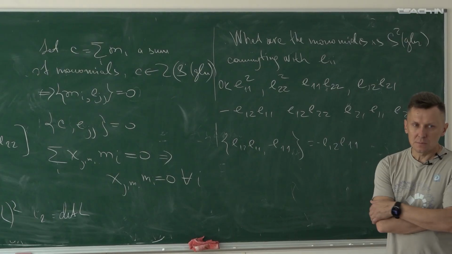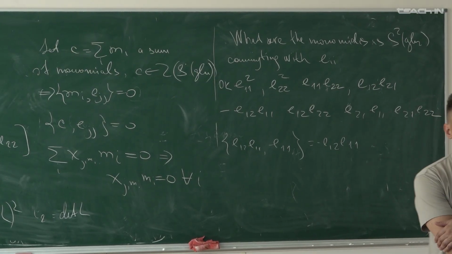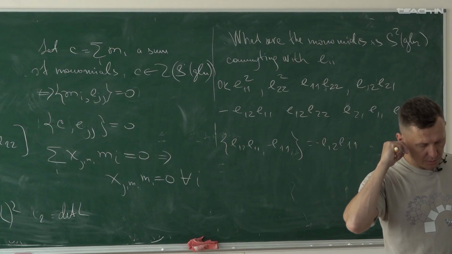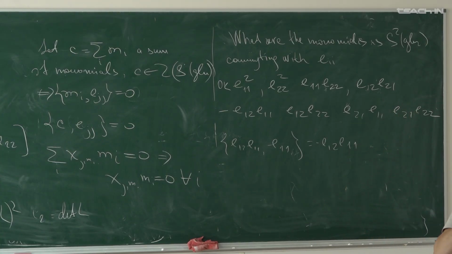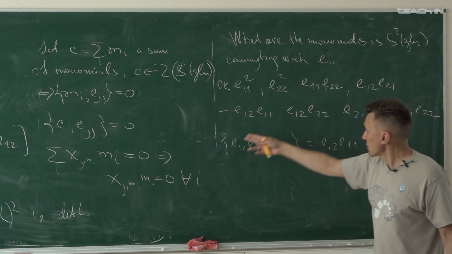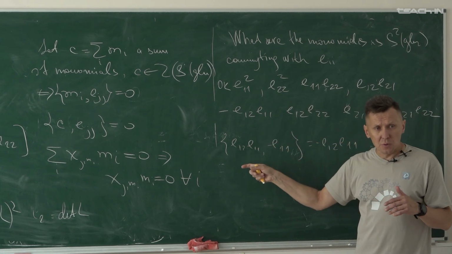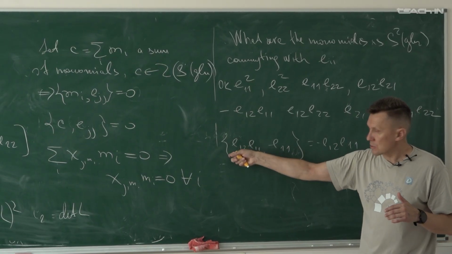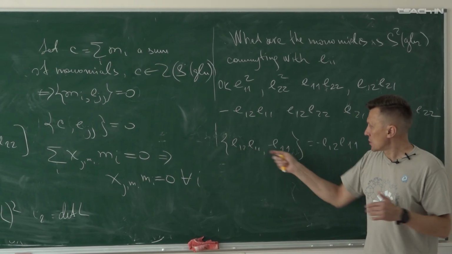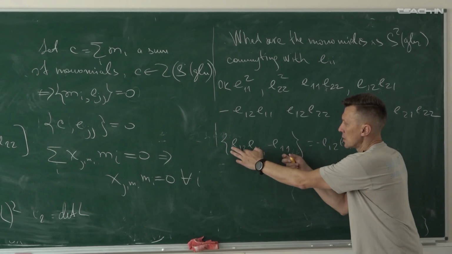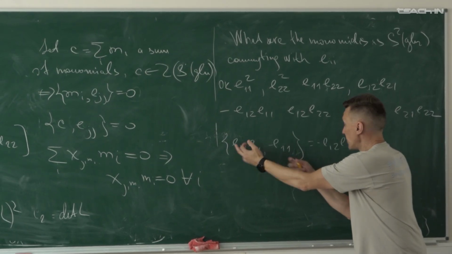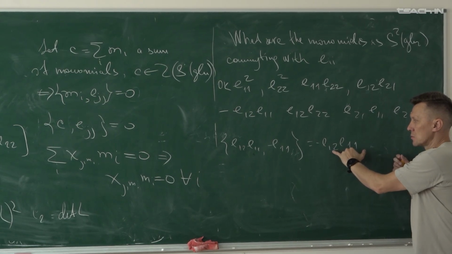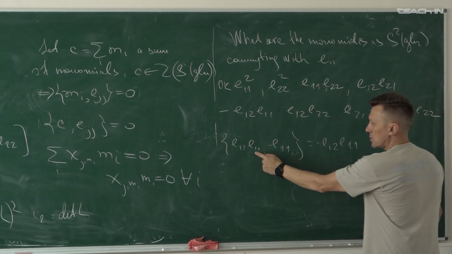You just take the commutator two times and use that {E_11, E_11} is 0. We calculate this Poisson bracket by the Leibniz rule, applying the differentiation to this element and to this element. With this element it's trivial. So the only non-trivial part is here, and it is really non-trivial. So it is minus E_12 multiplied by E_11.